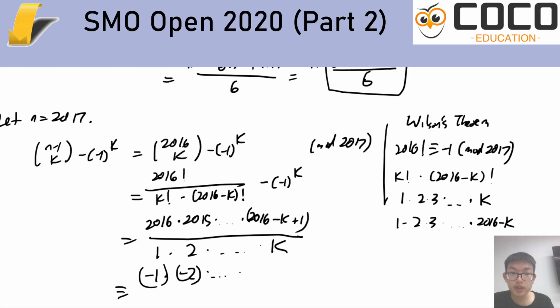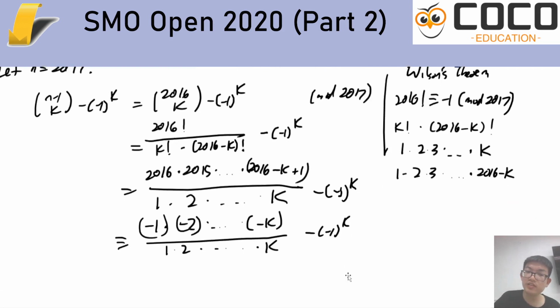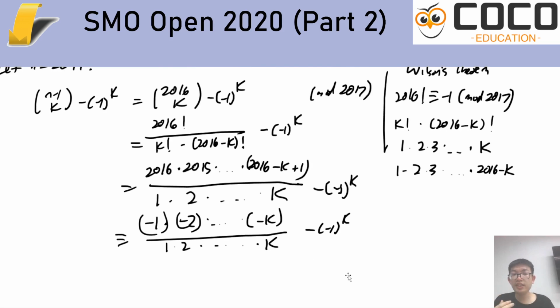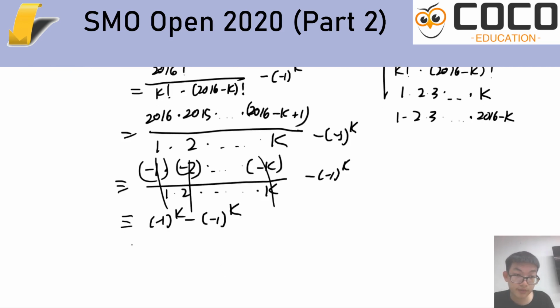These are all just negatives of the denominator. So I don't even need Wilson's theorem. It gives me the sense that this is probably a good idea, but I never really needed that because all of these are just going to cancel off and leave me with the same 1 over minus 1 to the k. So that cancels off and gives me 0 mod 2017.